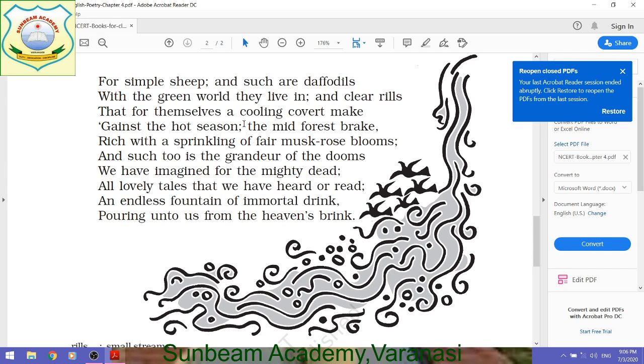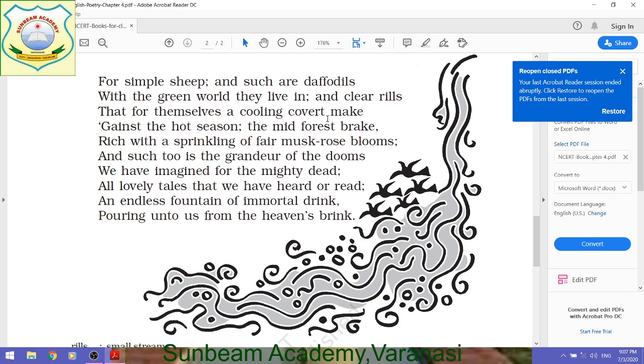One of them is the small rills, which have transparent, crystal clear water, and they also make a cooling shelter for themselves.